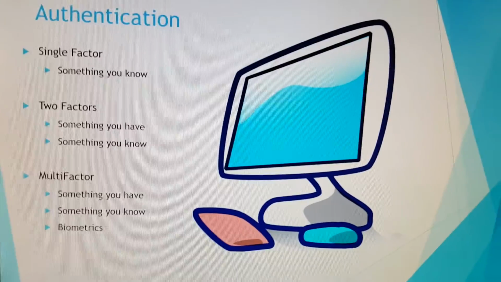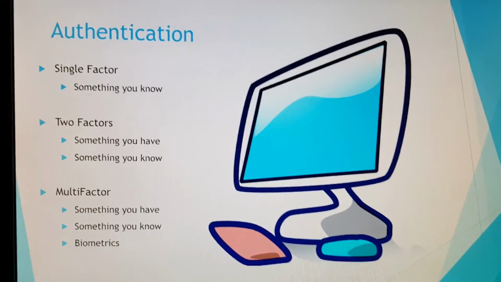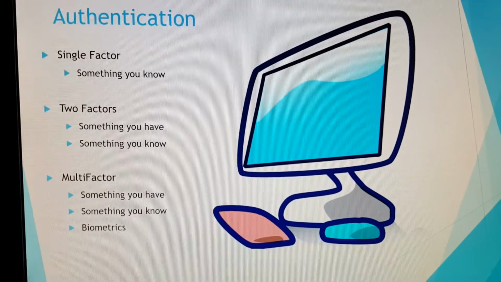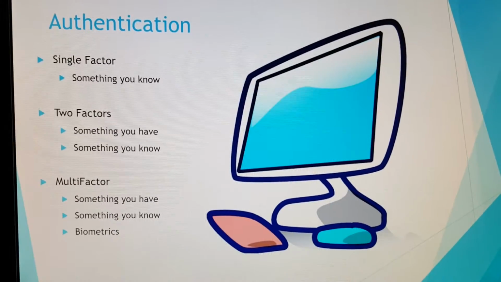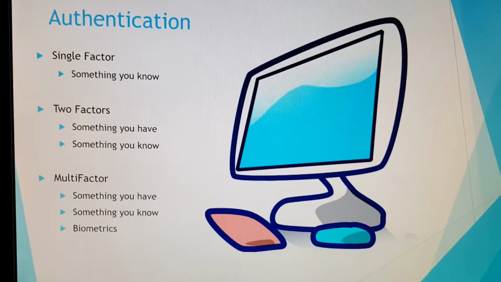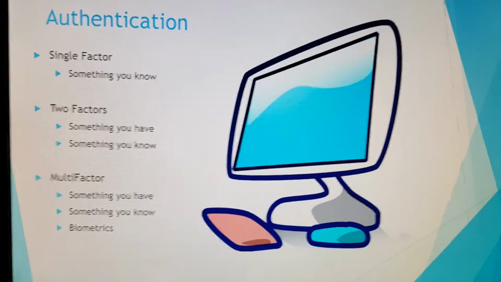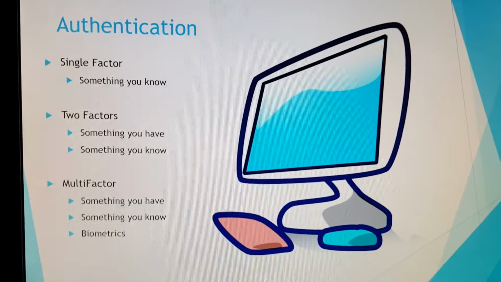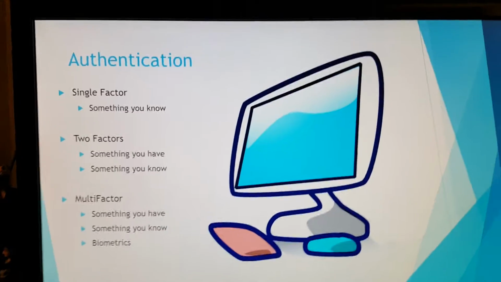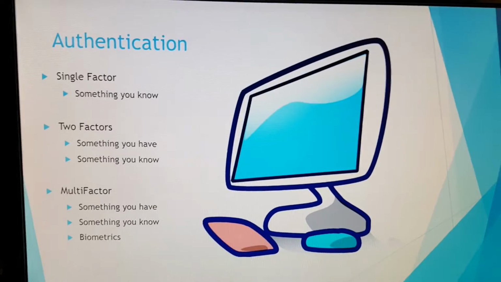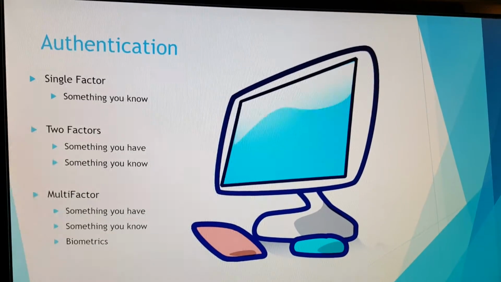This has something you know, so a password or a PIN number, something you have, like the OTP key, which is specific to the device, and then biometrics, which is specific to you as an individual. That is going to be the best form of security.